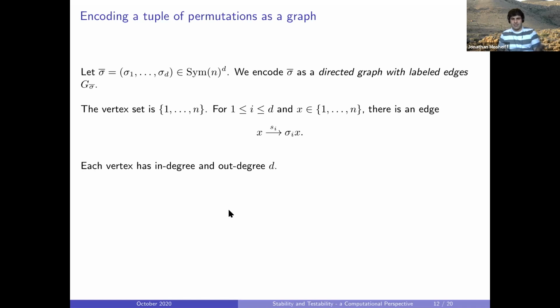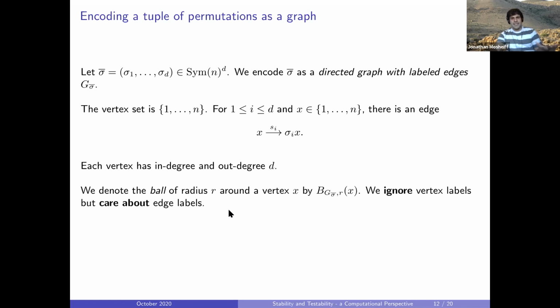This is a very natural way to encode these permutations, and just as a sanity check, note that in this graph, every vertex has in-degree d and out-degree d. Specifically, for each i between 1 and d, each vertex has exactly one ingoing edge and one outgoing edge labeled i.